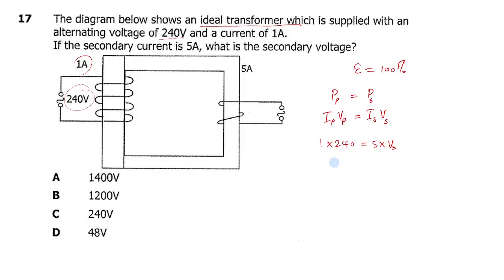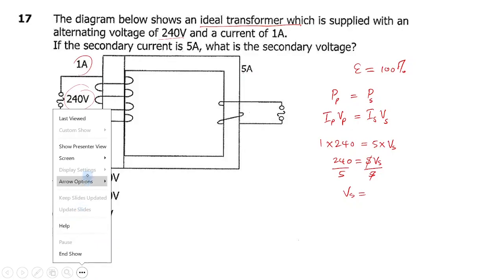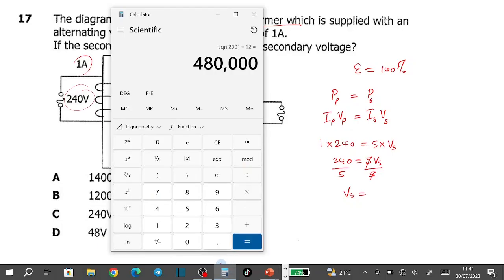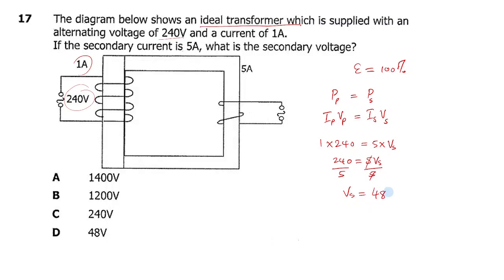So 240 is equal to 5 Vs. Now we want Vs, so we divide by 5. 240 divided by 5 gives us 48. So that will be 48 volts, which will be D.